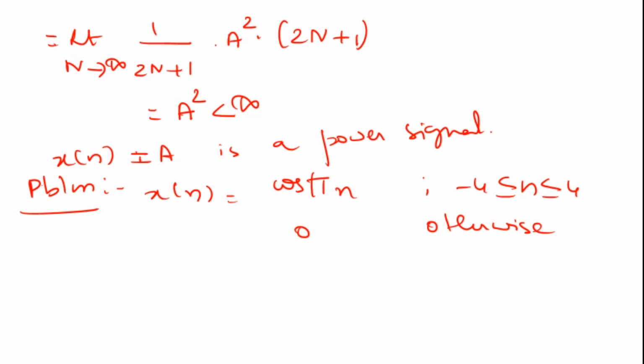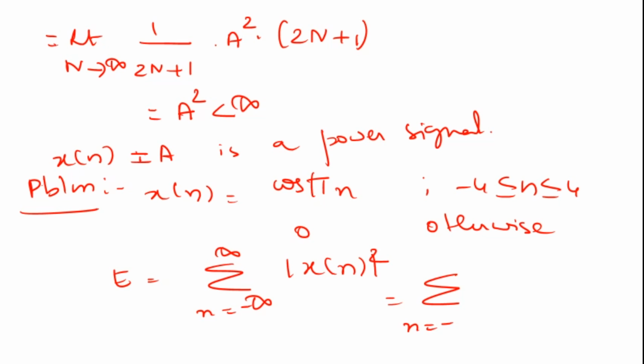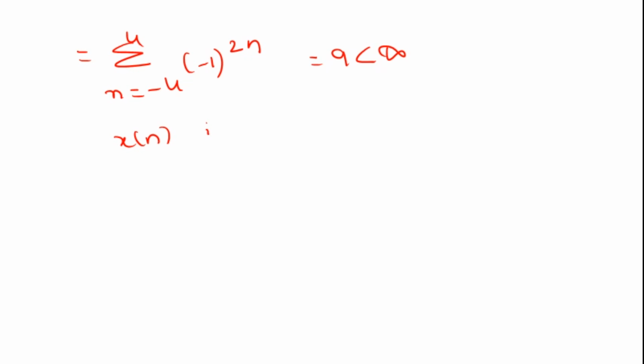Then E is equal to summation n is equal to minus infinity to infinity mod of x of n whole square, which is equal to summation n is equal to minus 4 to plus 4 cos square of pi n, which is equal to summation n is equal to minus 4 to 4 of minus 1 to the power 2n, which is equal to 9, which is less than infinity. Hence, x of n is an energy signal.